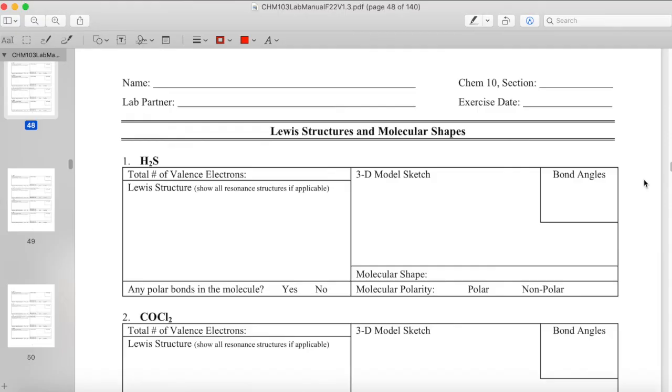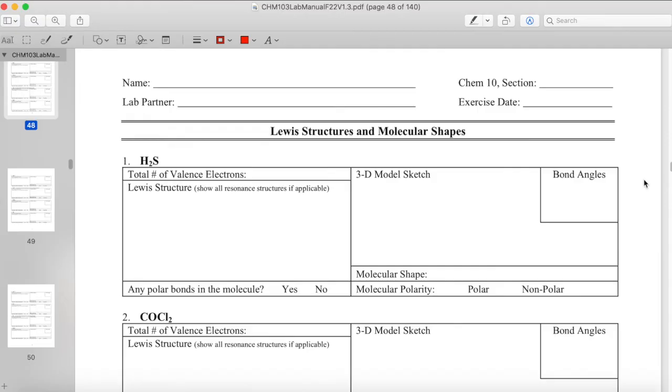Like the previous section with nomenclature, your instructor probably has only so much they're willing to grade here. So talk to your instructor and see if you do need to draw everything.